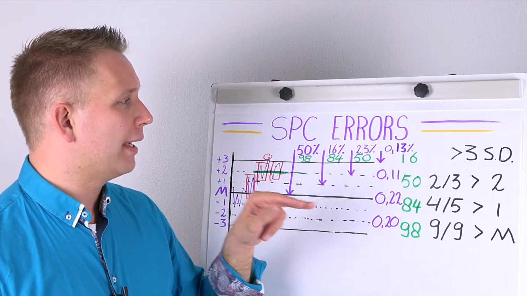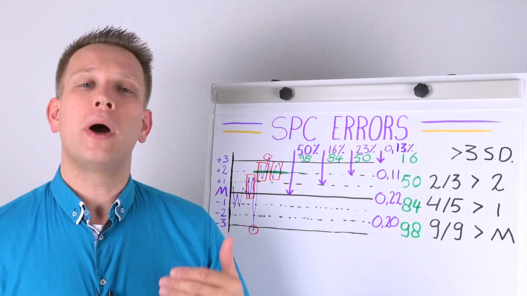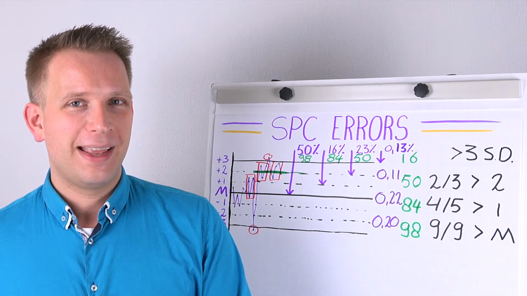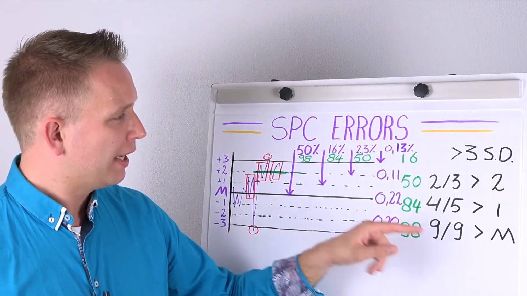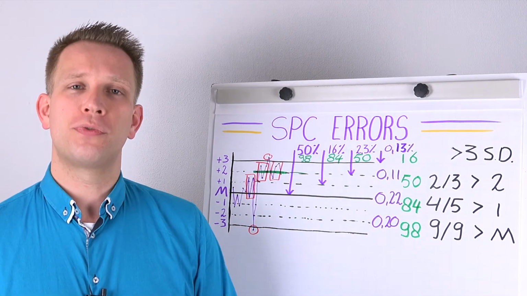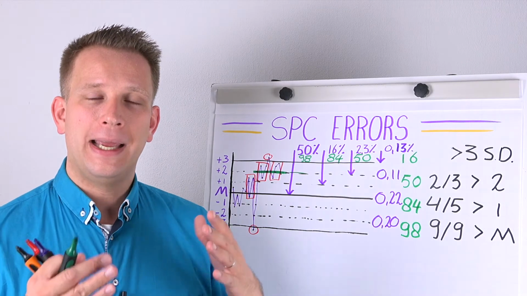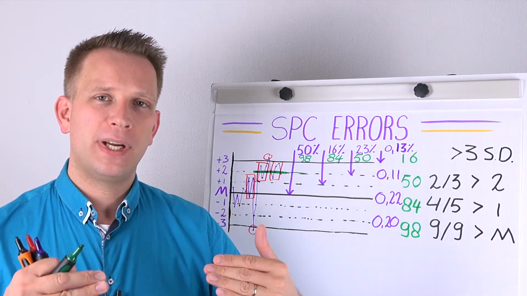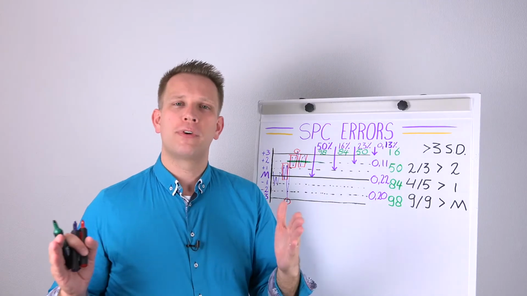And that means that even with such a big process shift, there is quite a serious chance that we will not find it. And that is also one of the reasons we put these longer rules in place. You see, the checking of 5 of them or 9 of them, those rules are a lot better at detecting a change in the process, because they are good at measuring smaller changes, but they do it over a longer period of time.